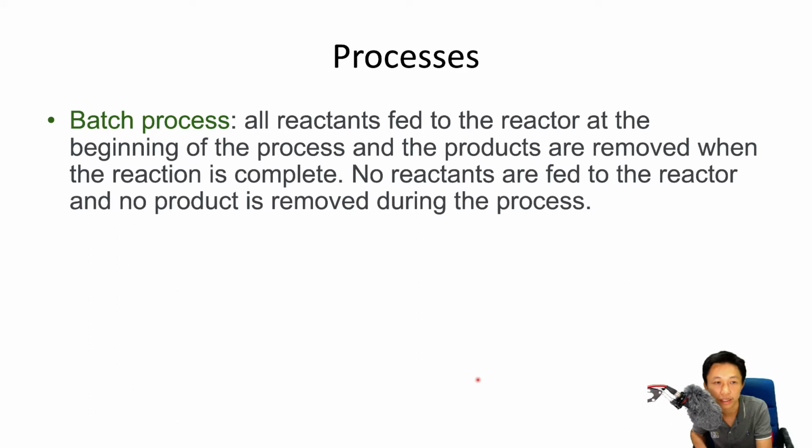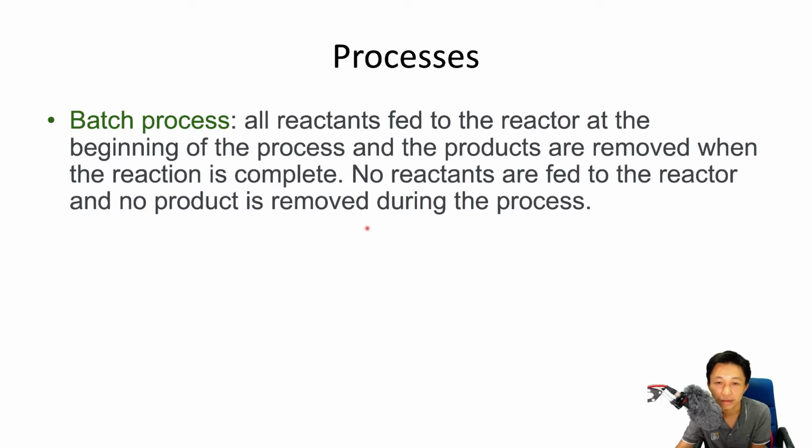This is your answer. The batch process means all reactants are fed to the reactor or bioreactor at the beginning, and the products are removed or withdrawn when your reaction is complete.